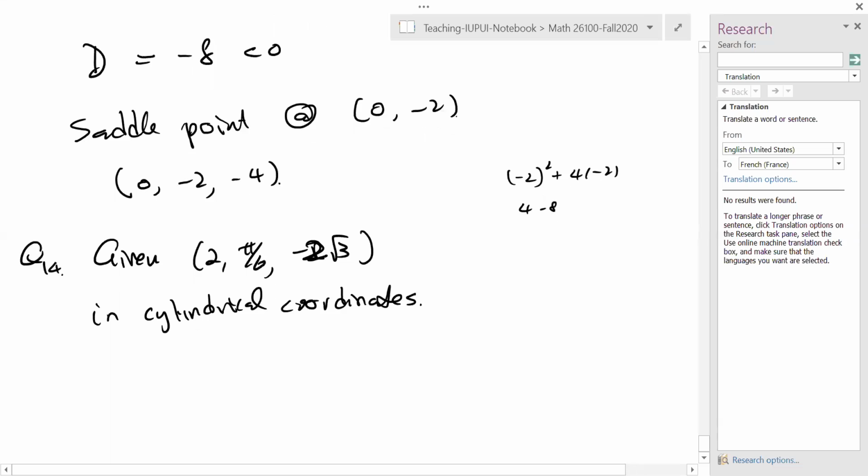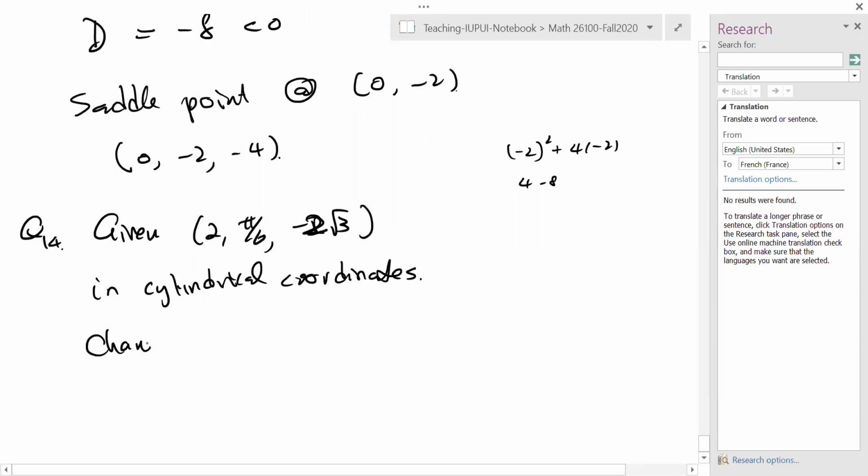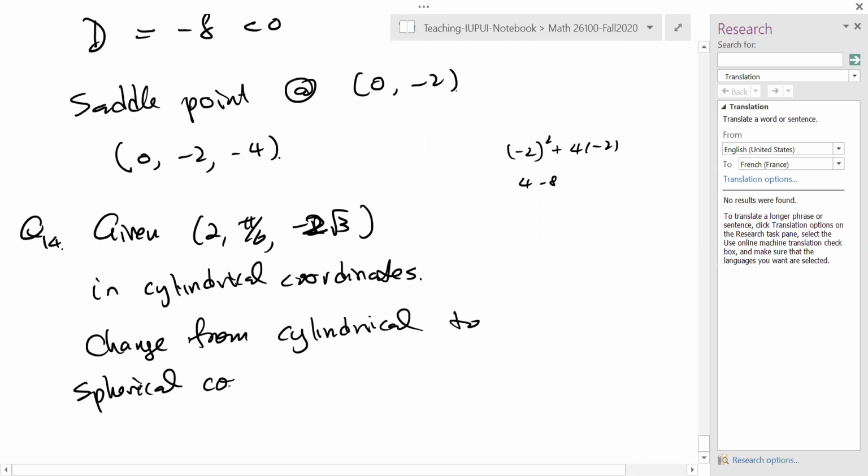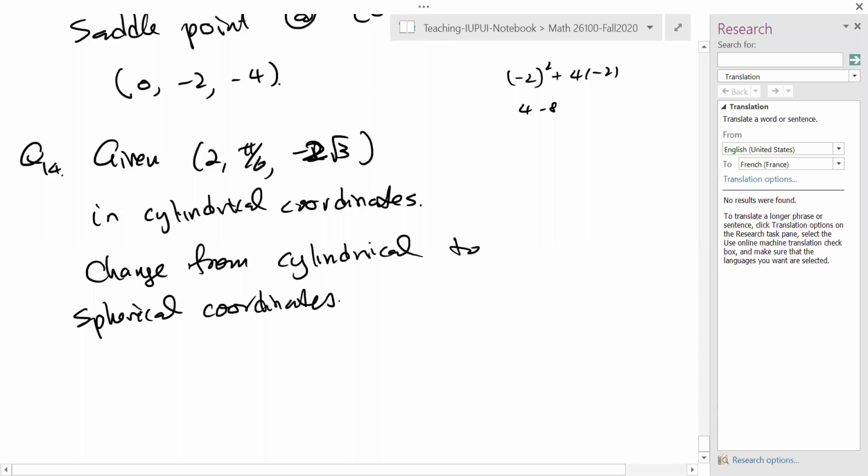Okay. So we want to change from cylindrical to spherical coordinates. So this problem is you want to make sure you understand those special coordinates. If you can do the conversion, then that means you understand that.